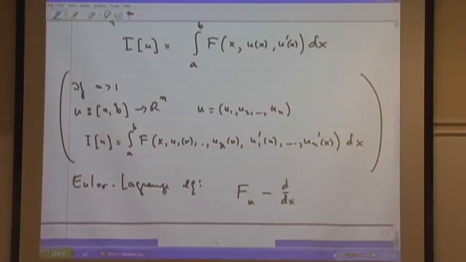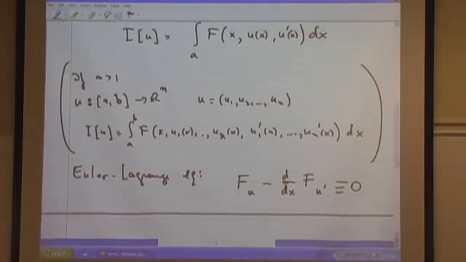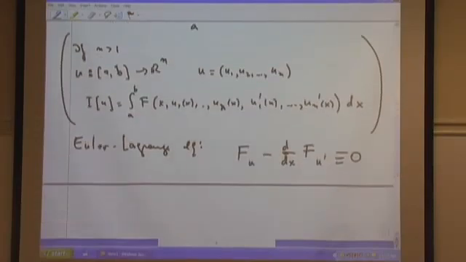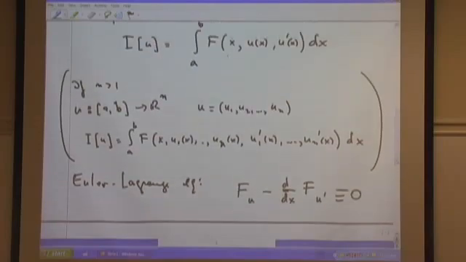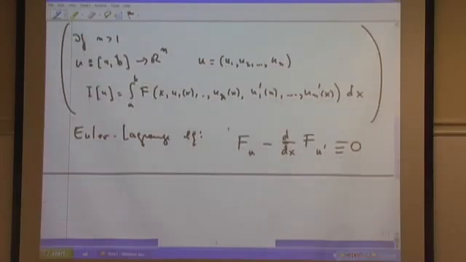Minus the derivative with respect to x. x is one-dimensional, so it's just a plain derivative of f, partial with respect to the third variable. And of course, these things are evaluated at the specific argument, x, u, and u prime, right?